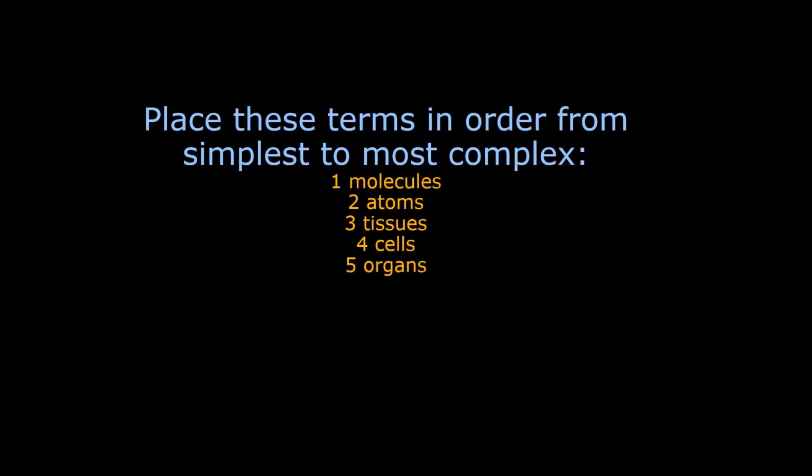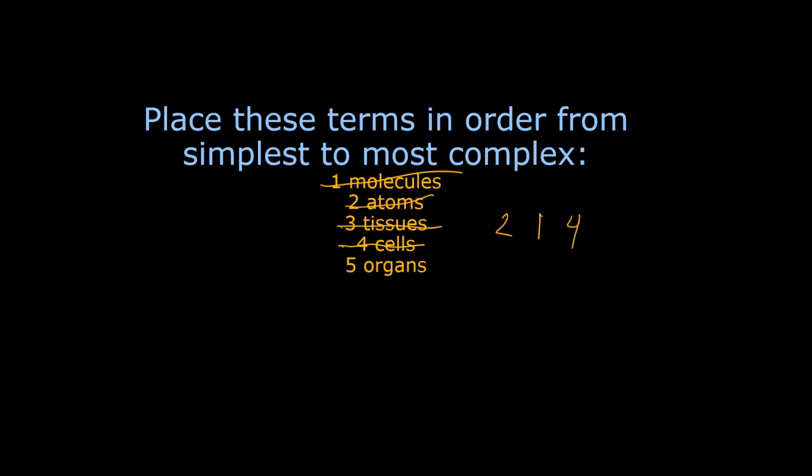Place these terms in order from simplest to most complex. Okay, this is a hierarchy question, and it's a pretty straightforward one. What was the base level? Atoms, right? So 2 should be first. Atoms. Atoms combine to form molecules. Millions of molecules combine to form cells and their organelles.